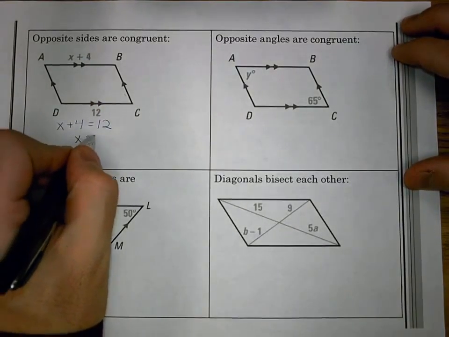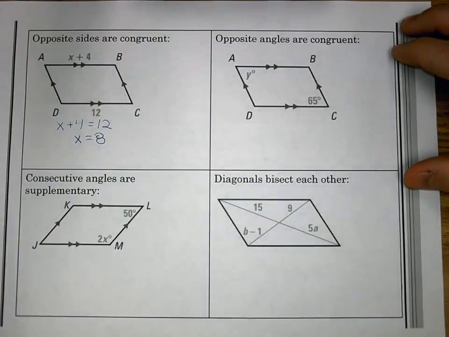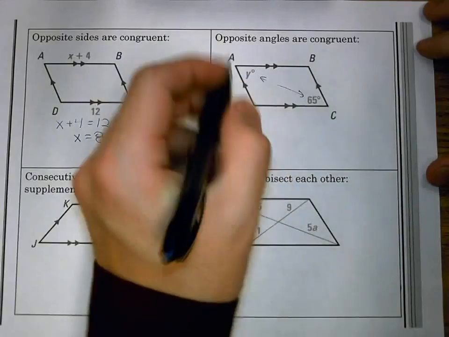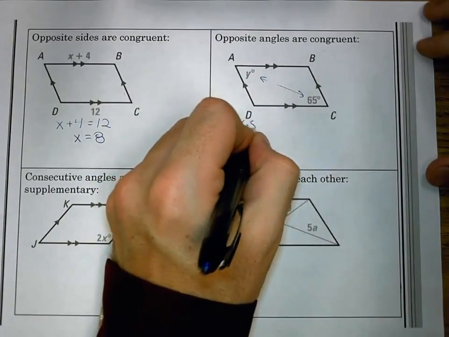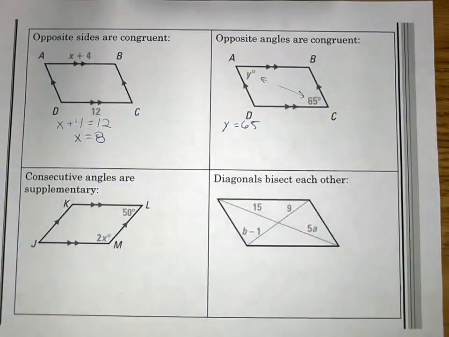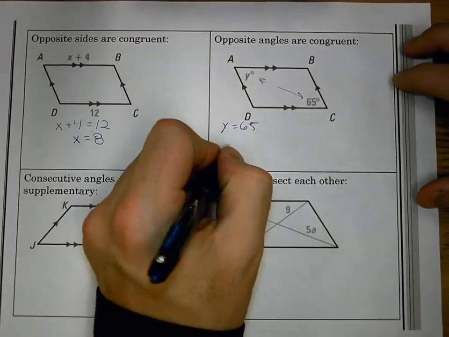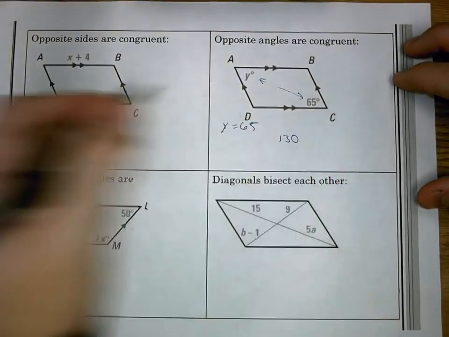So, x equals 8. For opposite angles are congruent, I know that y and 65 are opposite of each other, so they're equal. So y is 65. But let's go a little bit further on this one because the angles offer a little more opportunity. If y is 65, I know both of those are 65. That means those 2 angles together take up 130 degrees.